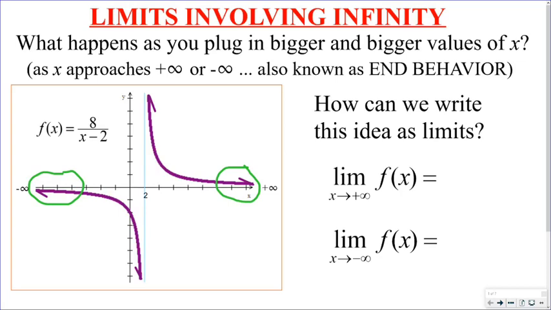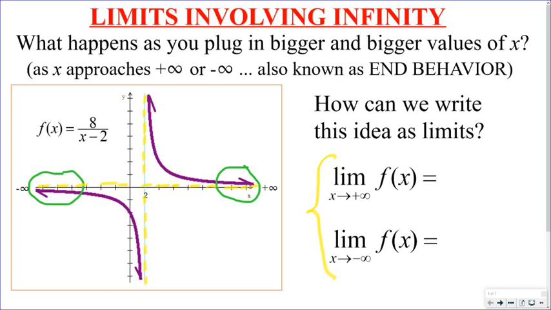I'll just use this picture we have here as an example. We've got a picture of a rational function, y equals 8 over x minus 2, which has two asymptotes. We've got a vertical asymptote where x is 2, and we have a horizontal asymptote where y is 0. If we consider these two questions here, what is the limit as x approaches positive or negative infinity?